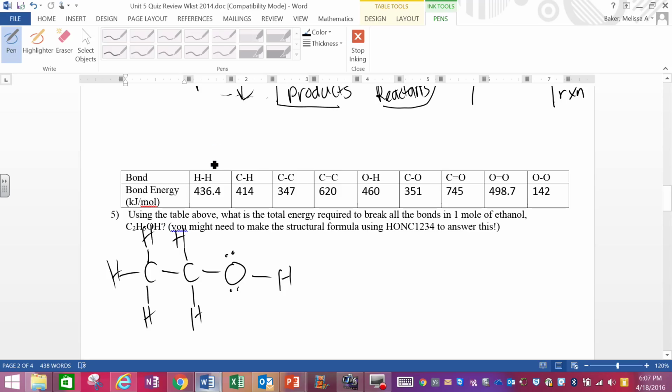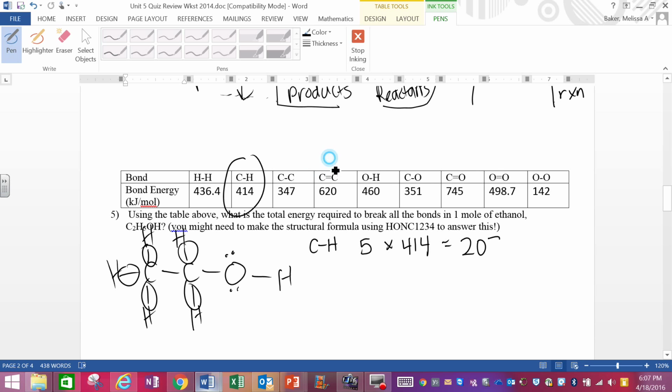Well, first let's figure out how much energy it takes to break the CH bonds. How many are there? I count 1, 2, 3, 4, 5 CH bonds. It takes, according to this chart, 414 kilojoules to break 1 mole's worth of CH bonds. So I'm going to multiply that. It's going to be 2,070 kilojoules per mole.